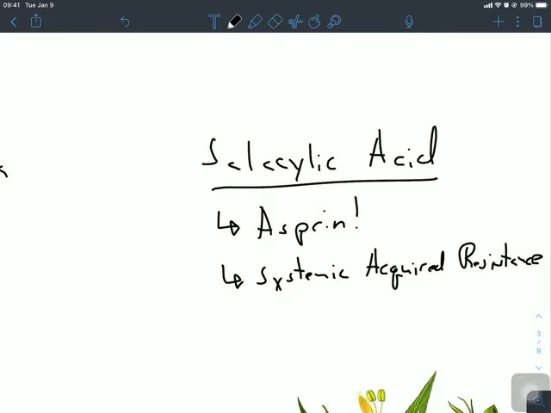Systemic acquired resistance, oftentimes abbreviated as SAR, is comparable to our learned immune system in humans, but very, very different in its mode of action.